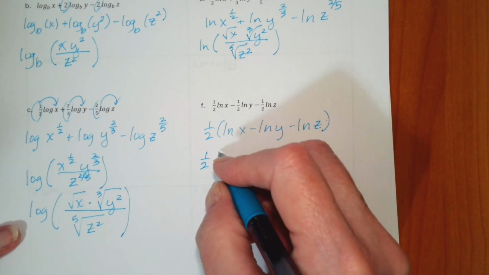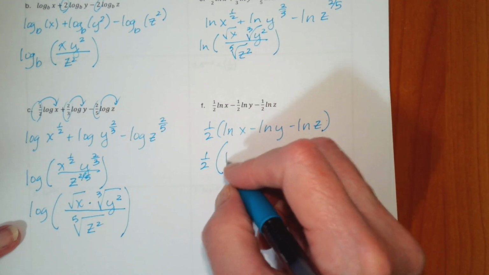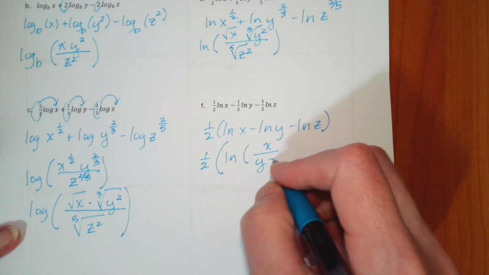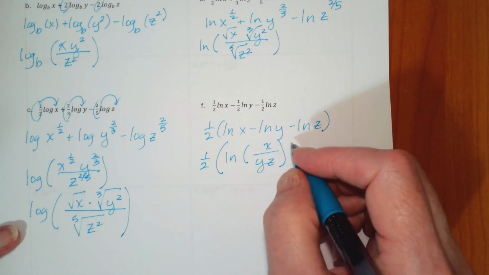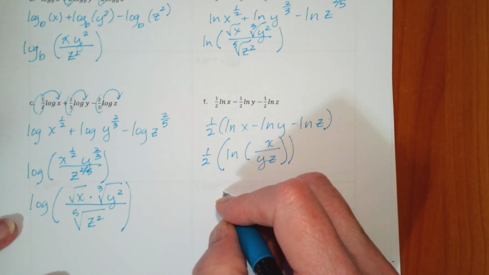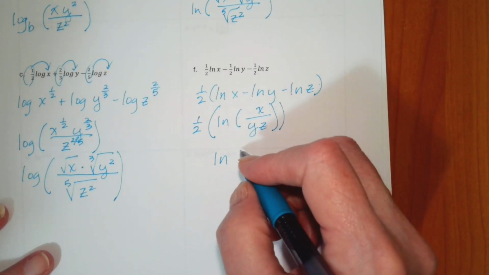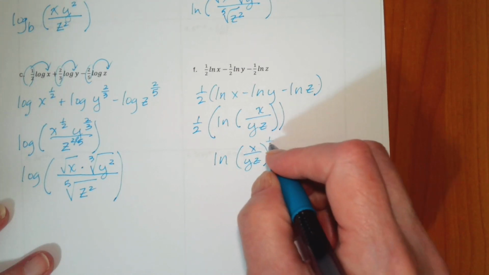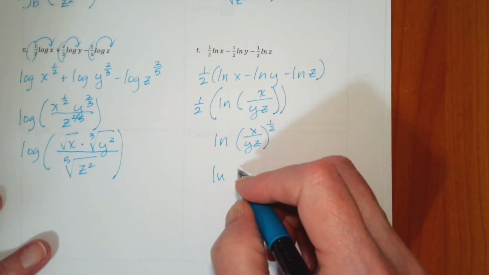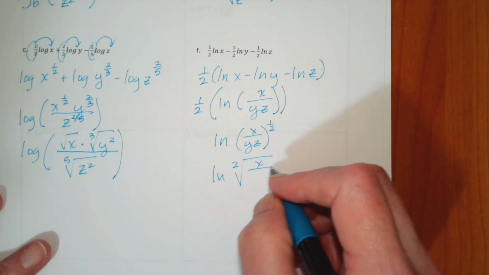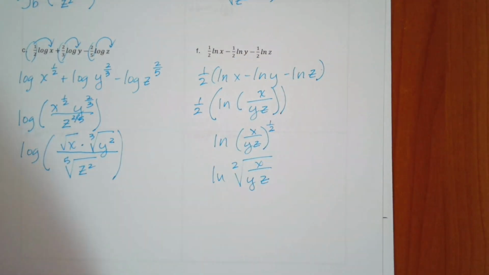So this is 1/2 times, if I combine these now, the natural log of x over yz, which gives us the natural log of x over yz to the 1/2, which is the natural log of the square root of x over yz. And we will quit there.